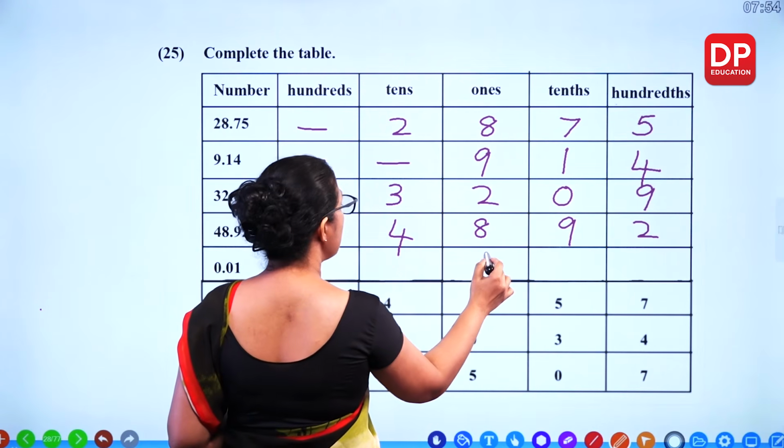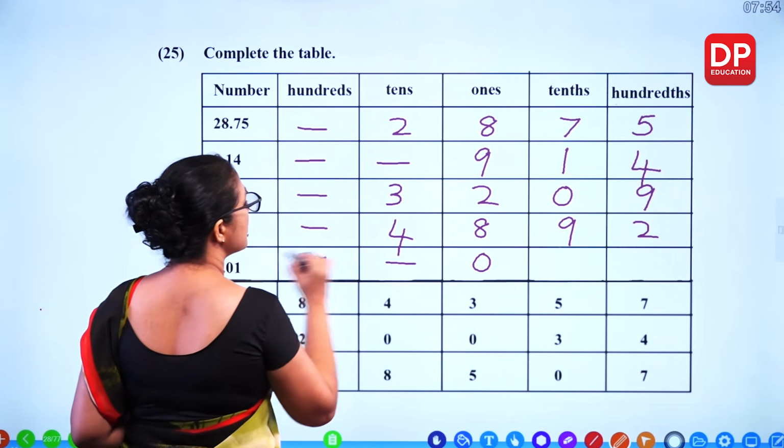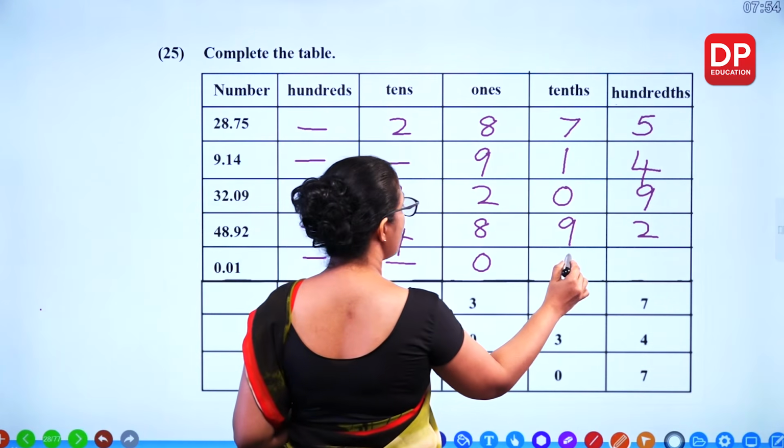Ones place 0, so I'll put nothing there, so this is 0, 1.